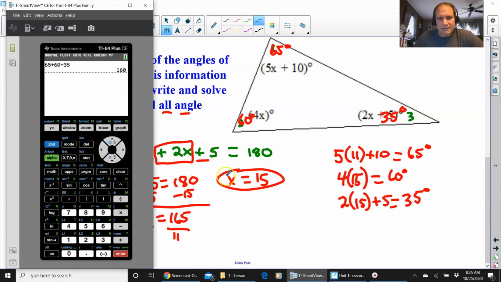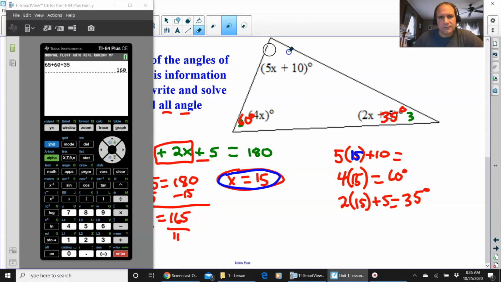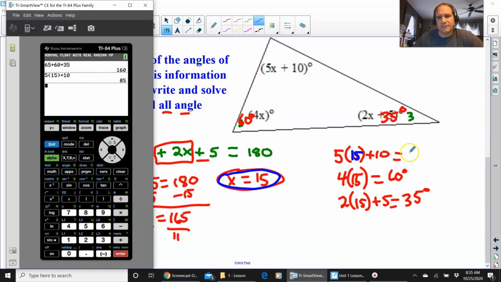All right, well, x is 15, right? Look what I put in for the first one, because I was rushing. So this is supposed to be 15, and that means that this is not 65. Mistake. So let's see, 5 times 15, parentheses, plus 10, 85.